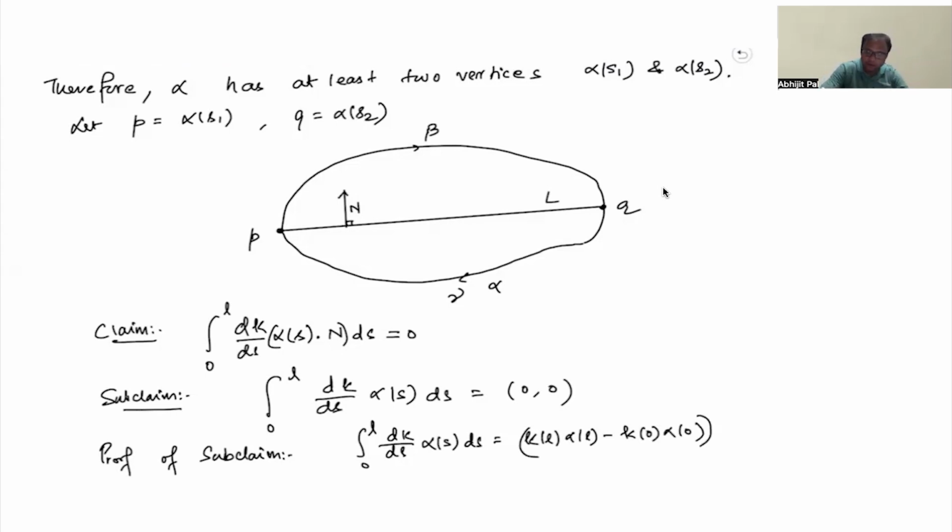minus this integral from 0 to L of K(s) times alpha dot (s). Now alpha(L) is equal to alpha(0). Therefore, the first term will be equal to 0. So we have 0 minus this integral.